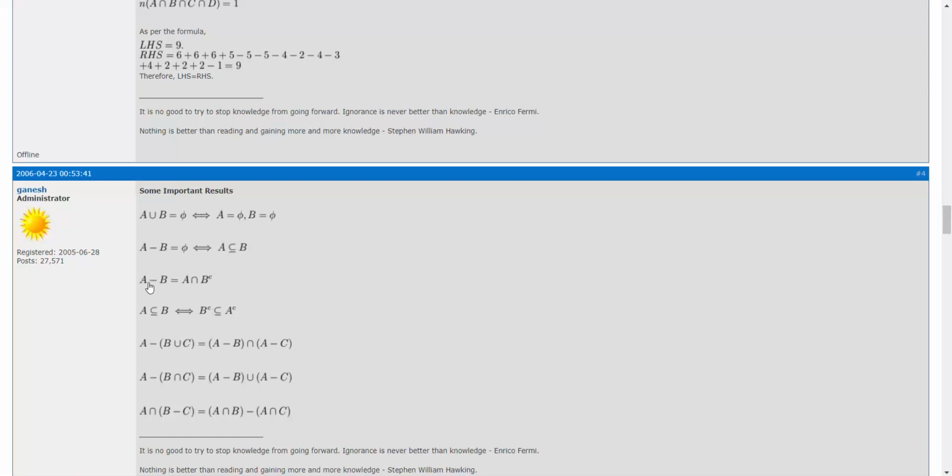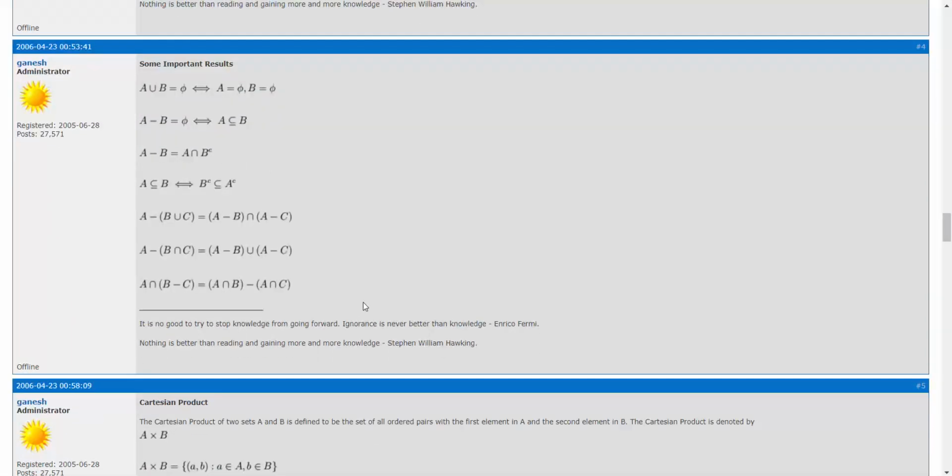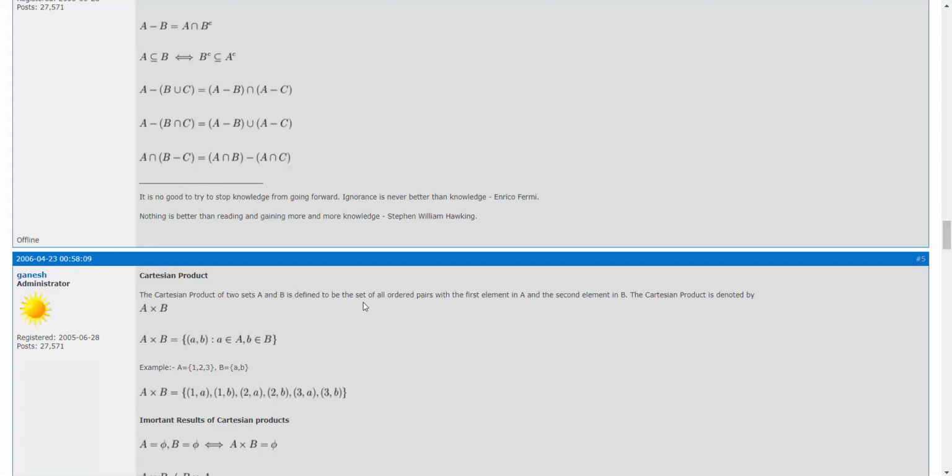A minus B is a subset of B. A minus B intersection with A minus C. A minus B union A minus C intersection with B minus A intersection with C. Cartesian product of all ordered pairs.